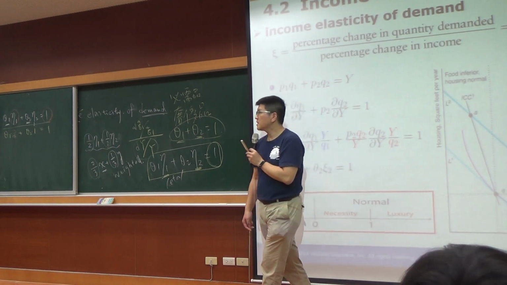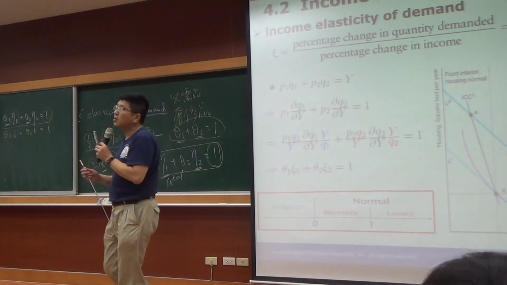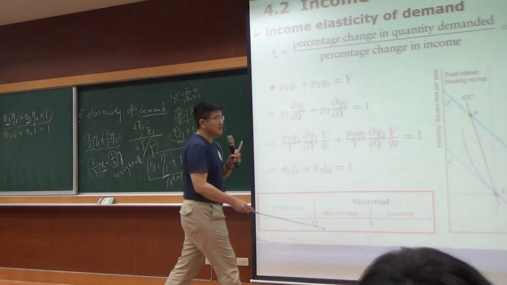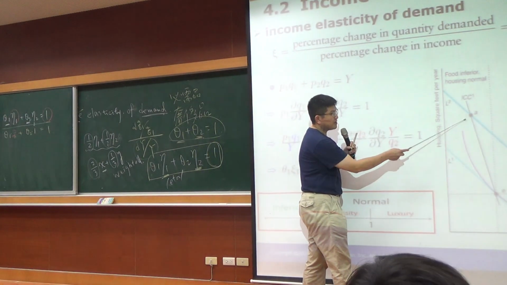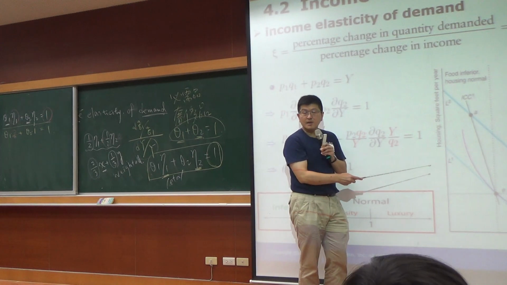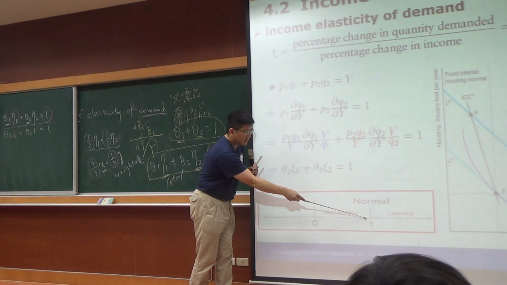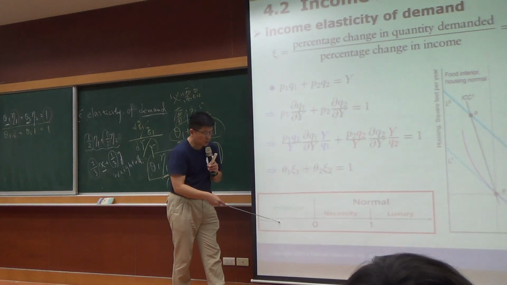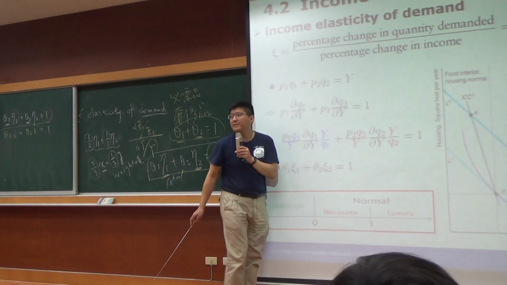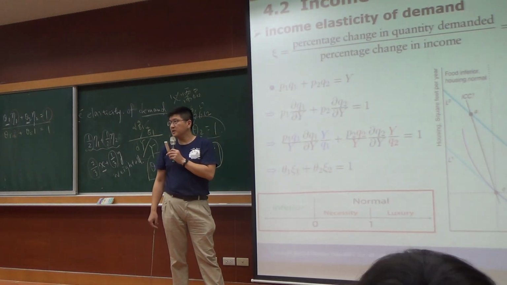Which means food, or good one, is an inferior good, right? And since this one is an inferior good, the other one, housing, must be within luxury, right?